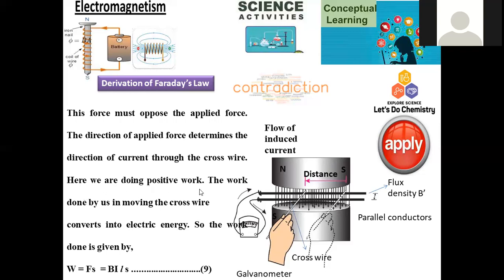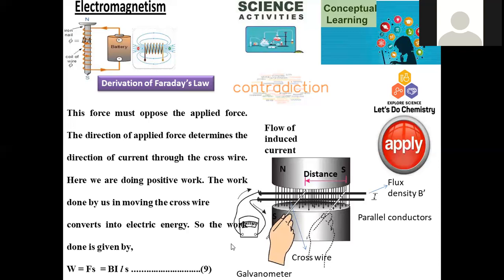Here we are doing positive work, in the sense that the work is converted into electrical energy without any waste. Friction between the two bar magnets can be ignored, because we are not in such close proximity. We are not getting rubbing surfaces, so the friction can be discarded here.